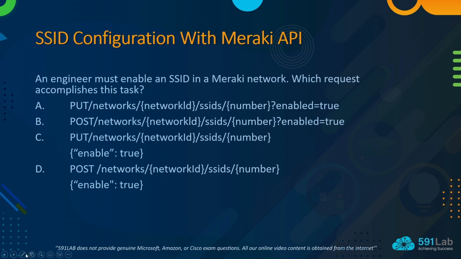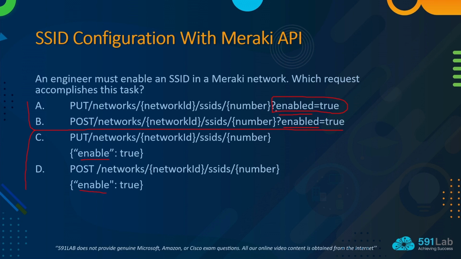So let's give some explanation of these four options. A and B are a group, I think, and C and D are another group, because A and B use the parameter enabled, but answer C and answer D use enable.